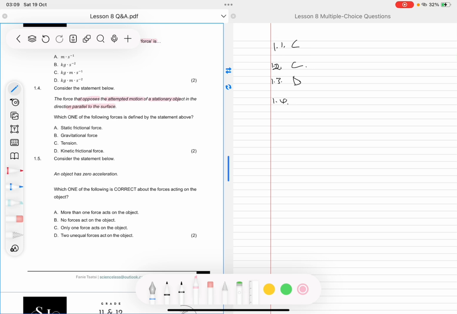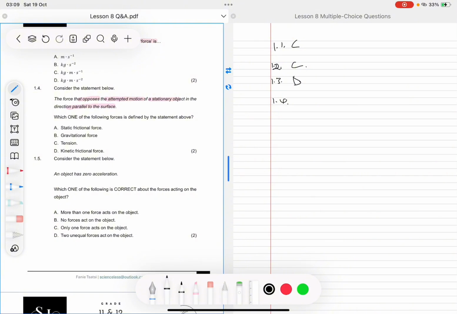They've given us all the information we need. If a force opposes and attempts to move something, a stationary object, stationary means it's not moving, and this force is parallel to the surface, it must be frictional force. But because it is attempting to move an object that does not move, and it's parallel to the surface, it is the static frictional force.